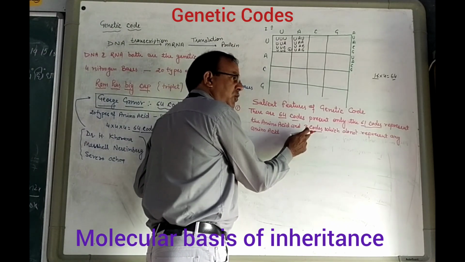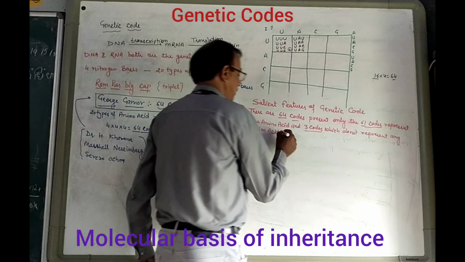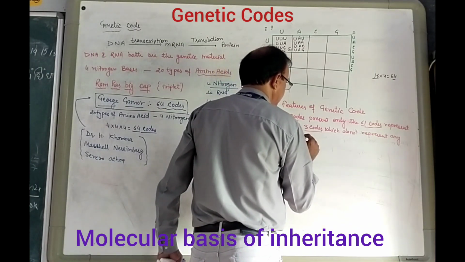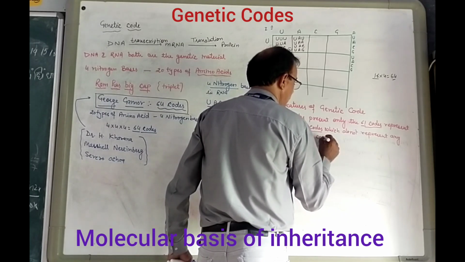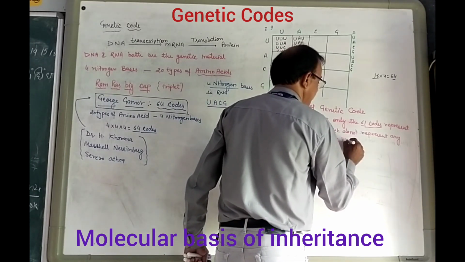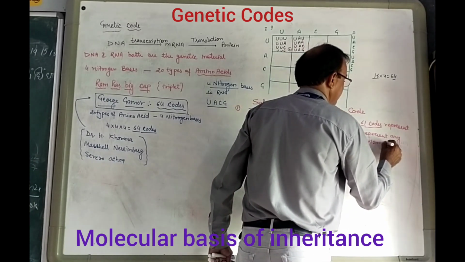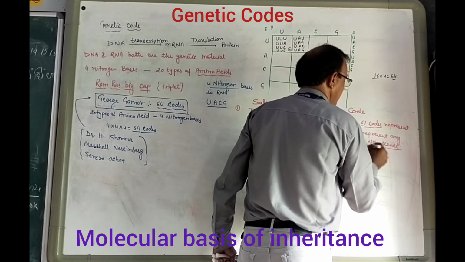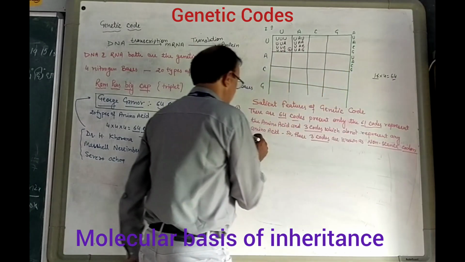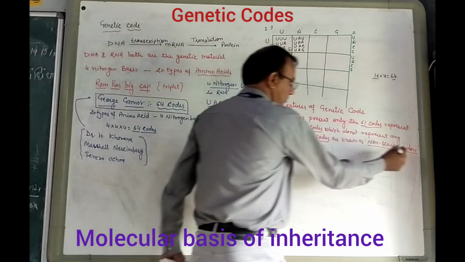So these 3 codes are known as a stop codon or nonsense codon.